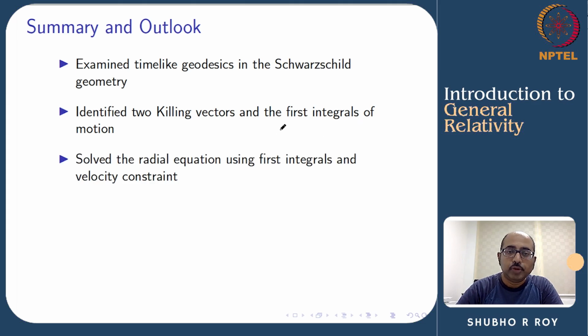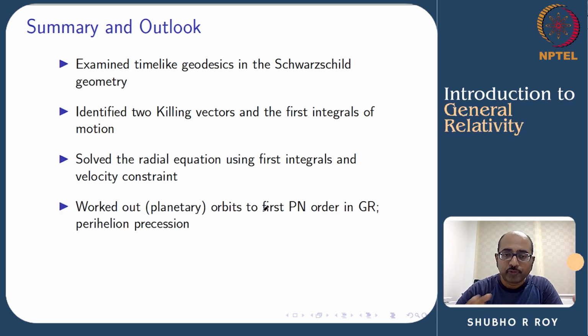And then using these conserved charges, we solved the radial equation using the velocity constraint. The radial geodesic equation we did not directly use. Instead, we used the constraint that these geodesics must be time-like, which leads to the velocity constraint. And the velocity constraint gives you a first-order differential equation, which can be readily integrated, which we did.